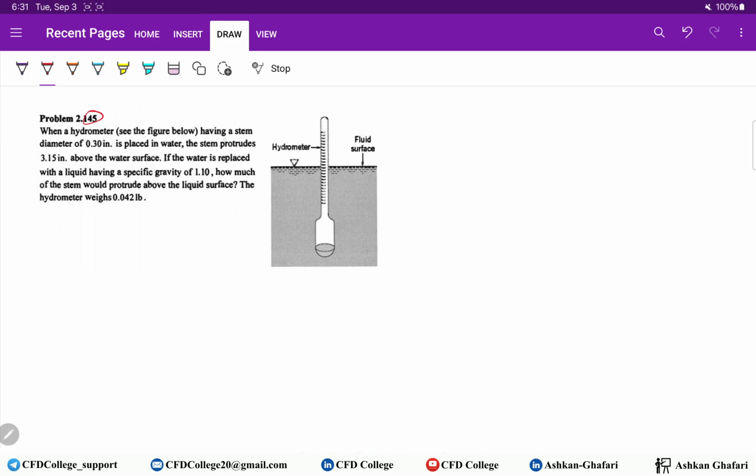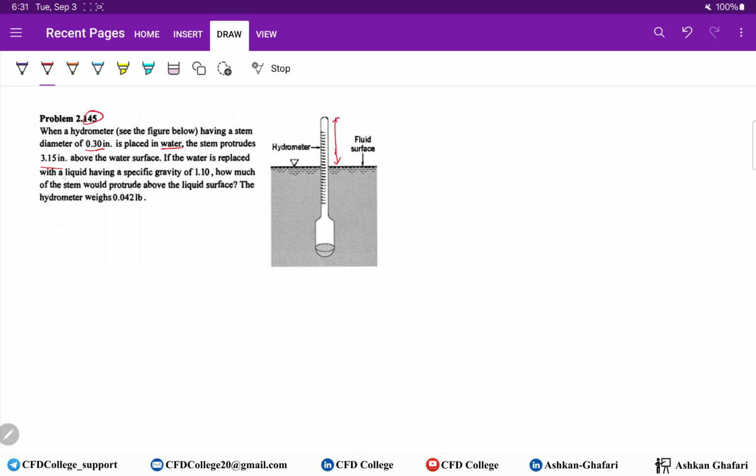When a hydrometer having a stem diameter of 0.3 inches is placed in water, the stem protrudes 3.15 inches above the water surface. So we have this height.